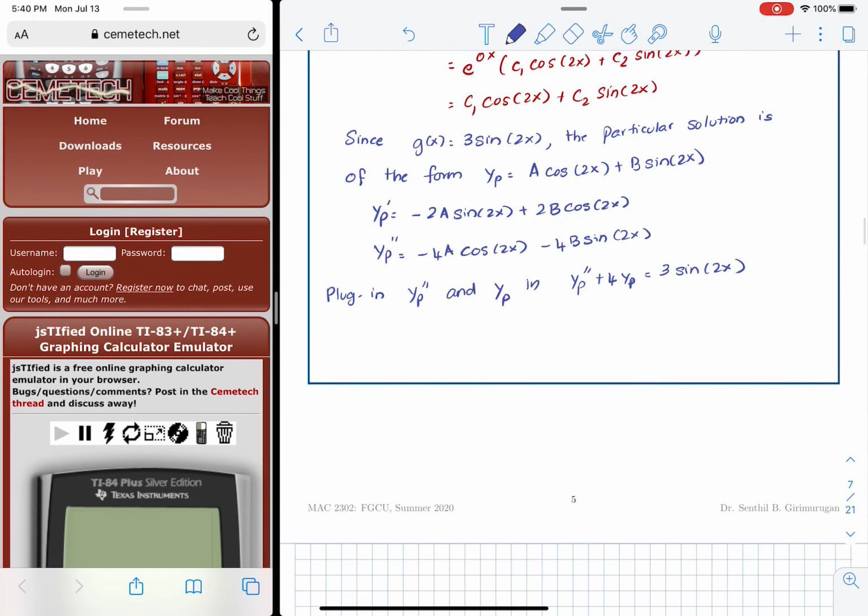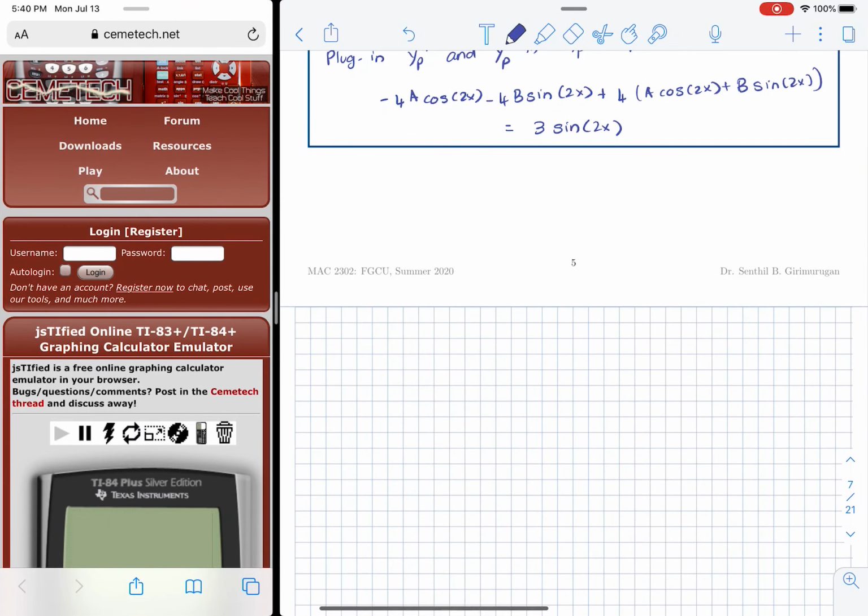So yp double prime is minus 4a cosine 2x minus 4b sine 2x, and yp is 4 times a cosine 2x plus b sine 2x, and that would equal to 3 sine 2x.